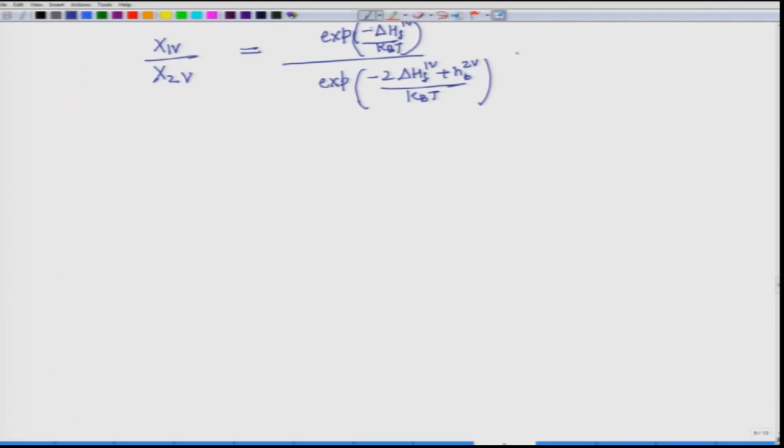So, this becomes the ratio of mono-vacancies to di-vacancies, assuming the system is in a thermodynamically stable state. Mono-vacancy by di-vacancy.